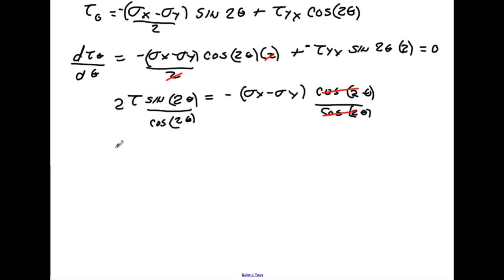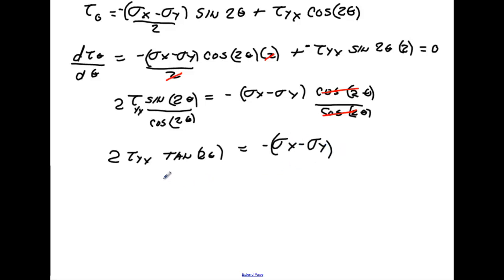Now let's see what we have here. I have 2, and I need to label that as my shear, Tyx. 2 Tyx times the tangent of 2 theta. Just about got it done.